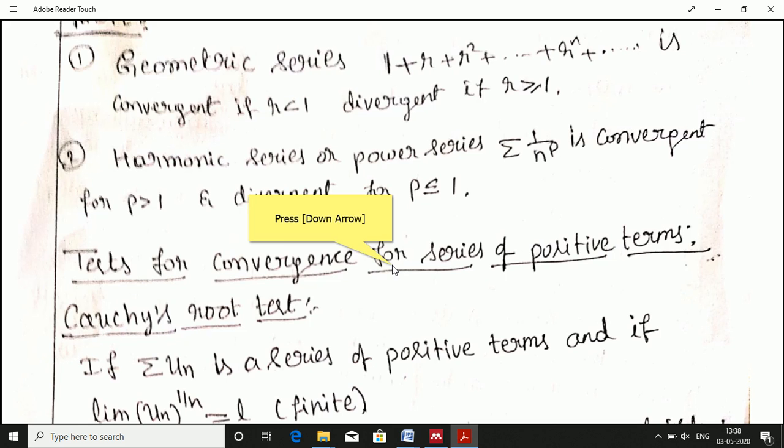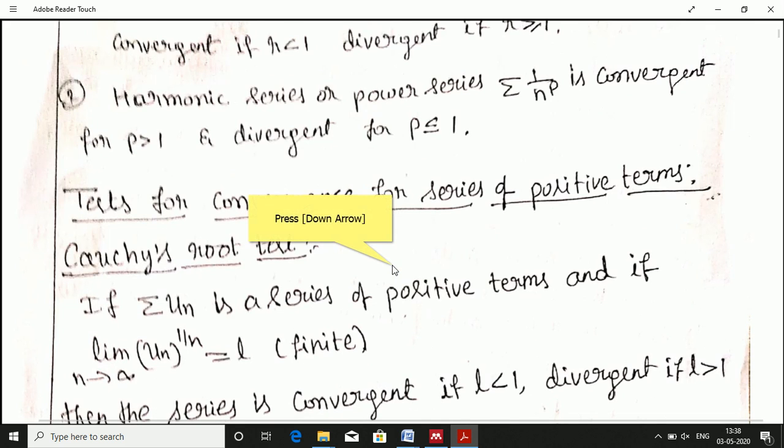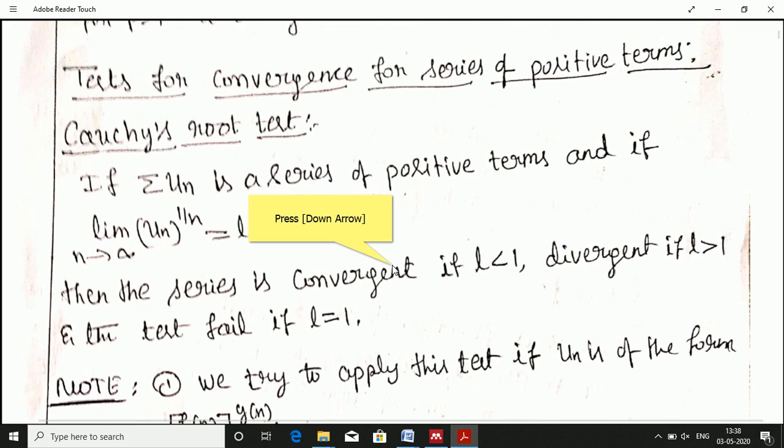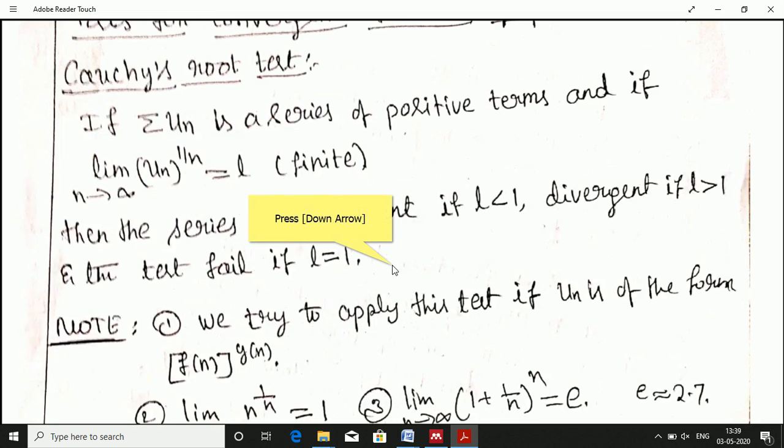Now, first we will discuss the Cauchy's root test.